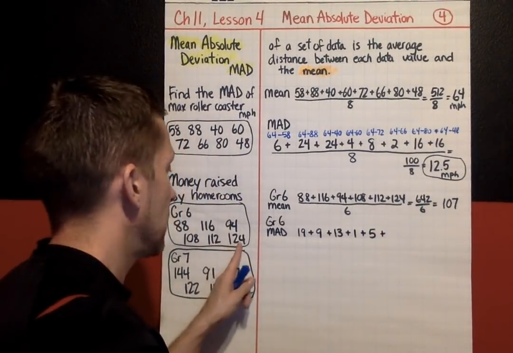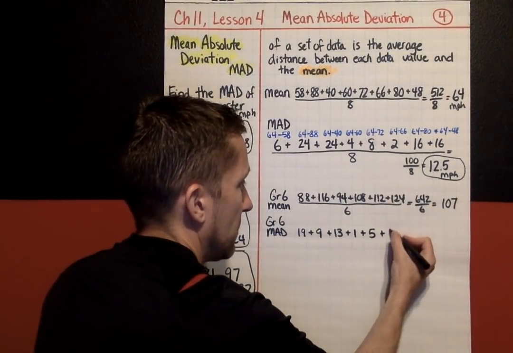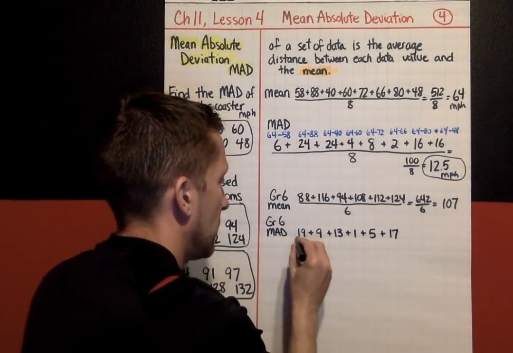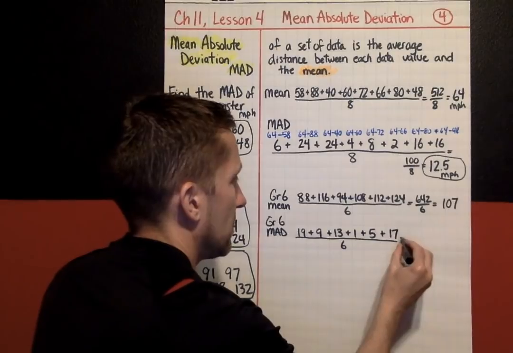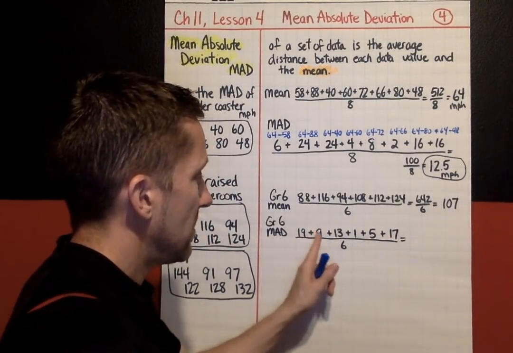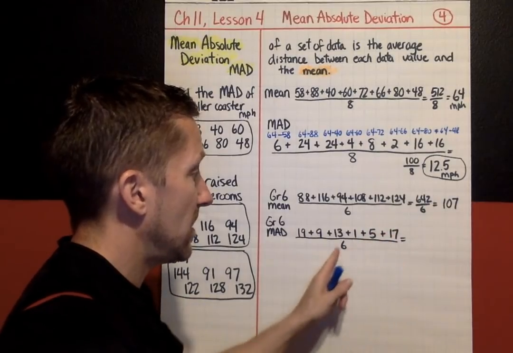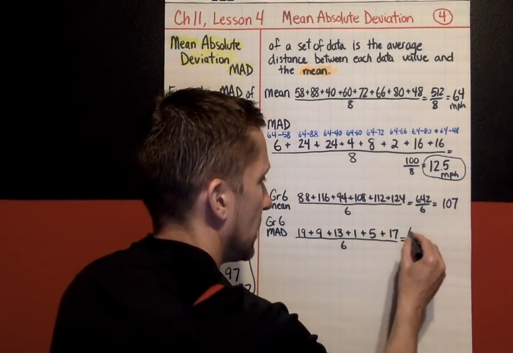We're talking distance. 124, or 107 minus 124 is negative 17, but I'm going to use a positive because we're talking distance. Divided by 6. I total all that. 19 plus 9 plus 13 plus 1 plus 5 plus 17 divided by 6. I get 64 over 6.